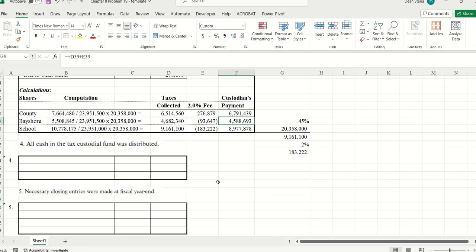Number 4, all cash in the tax custodial fund was distributed. Okay. So we're going to have due to other funds of 6,791,439.